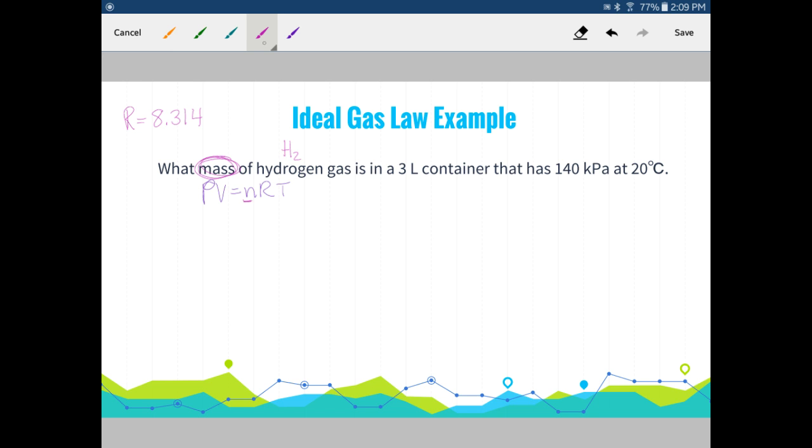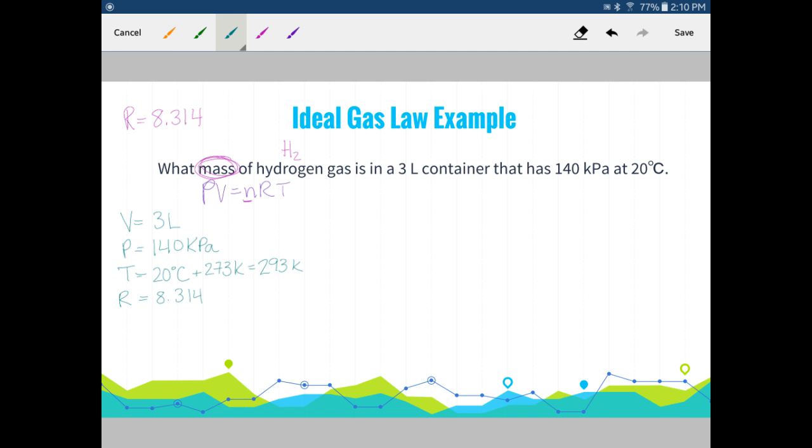Let's write down the other variables that we have. We have volume to be 3 liters. We have a pressure to equal 140 kPa. And we have a temperature being 20 degrees Celsius plus our 273 Kelvins, giving us 293 Kelvins. We can't forget about our R, which gives us 8.314.